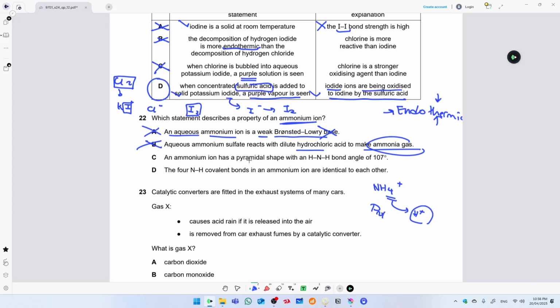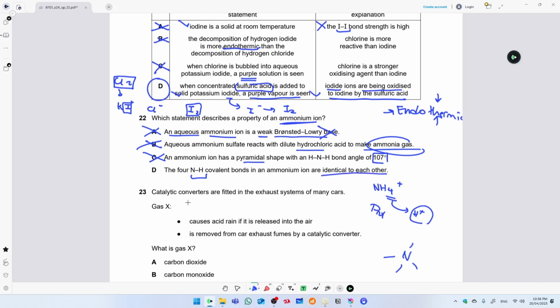C. An ammonium ion has a pyramidal shape with an HNH bond angle of 107 degrees. So let's look at the ammonium ion. It's basically a tetrahedral since it has no lone pairs. So it's not a pyramidal shape, it's a tetrahedral. D. The 4 NH covalent bonds in ammonium ion are identical to each other.